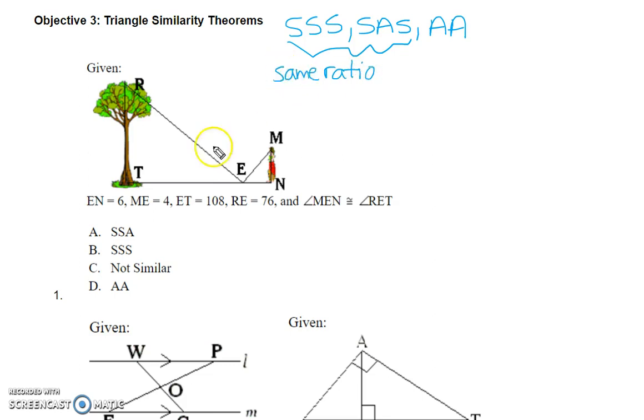So on problem number 1, we have 6, which is EN, 4, which is ME, 108, which is ET, and 76, which is RE. And then I have the angle MEN is congruent to angle RET.